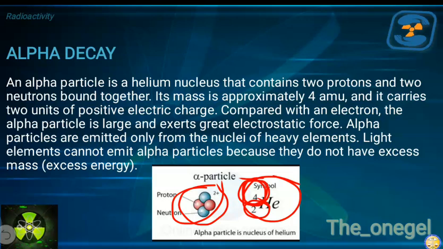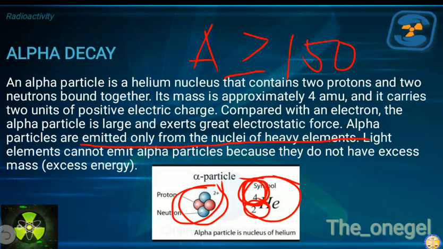Ikat ko lang muna dyan. It is emitted from the nuclei of heavy elements, with atomic mass number greater than or equal to 150. Below 150, hindi na siya capable na mag-emit ng alpha particle.